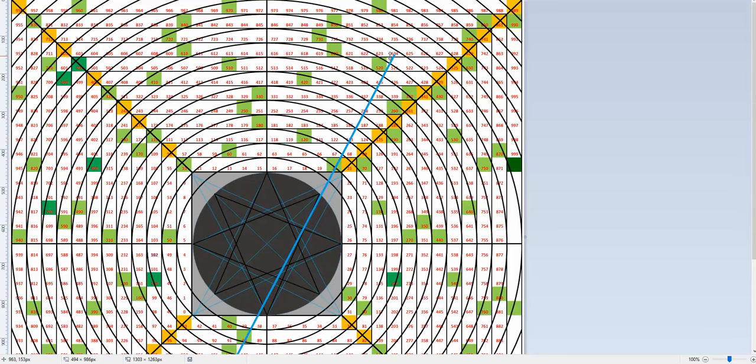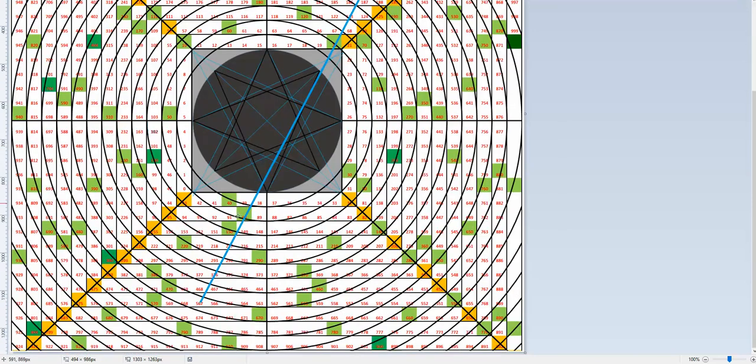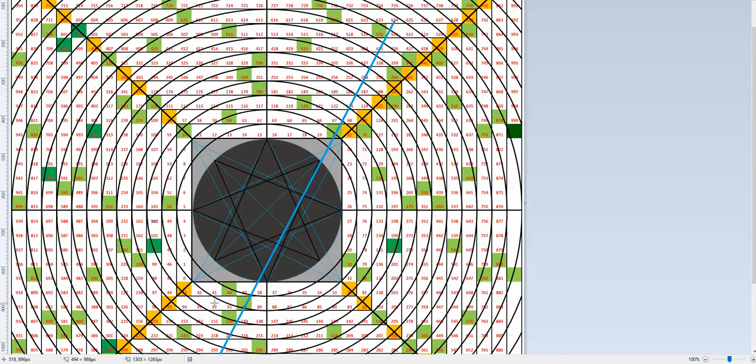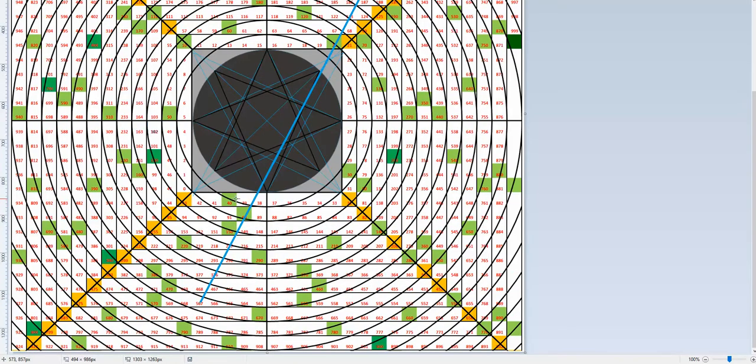That's 10 bands out. Okay, that is 9 squares up, and should be the same on the square. 8 and 9.